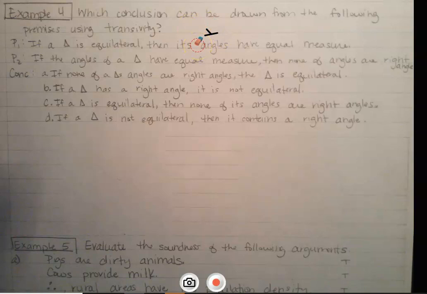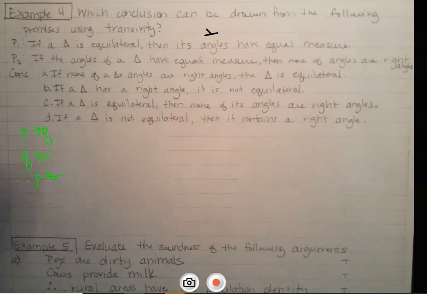Got the wrong tool there. All right, so the transitivity is if P, then Q, if Q, then R, and therefore if P, then R is what we're going for.